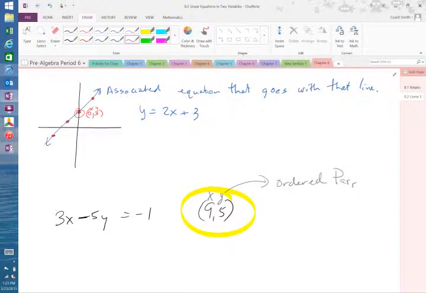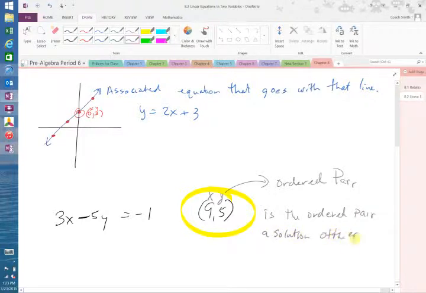The actual question is, is the ordered pair a solution of the equation? But what they're really wanting to know is, if we graph this line, is that point (9, 5) going to be on that line?